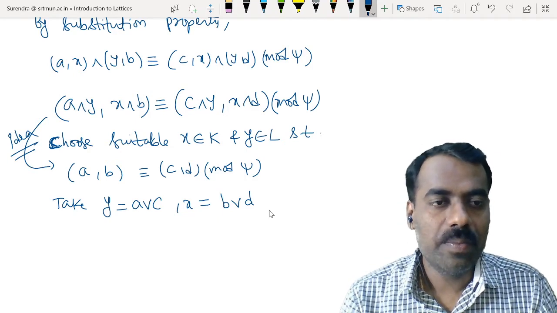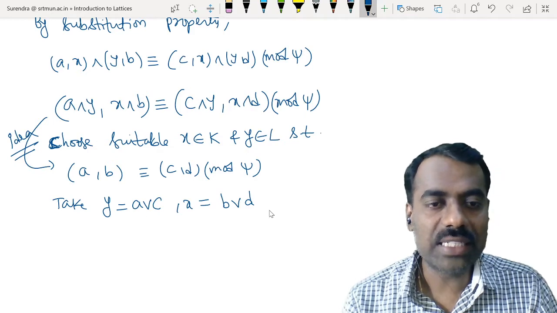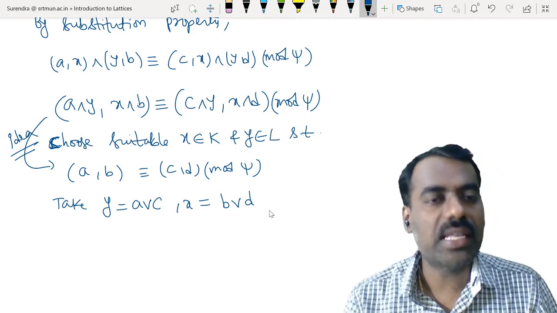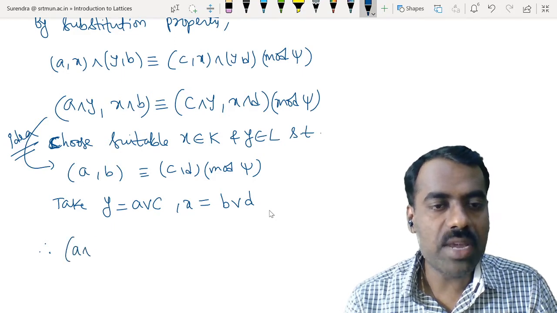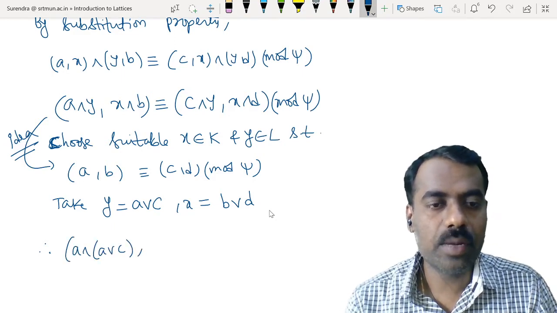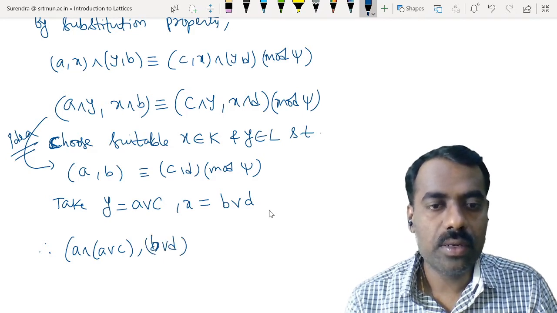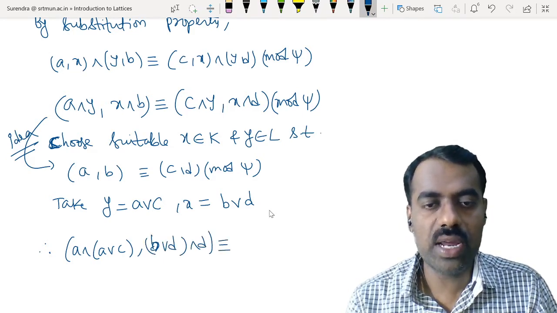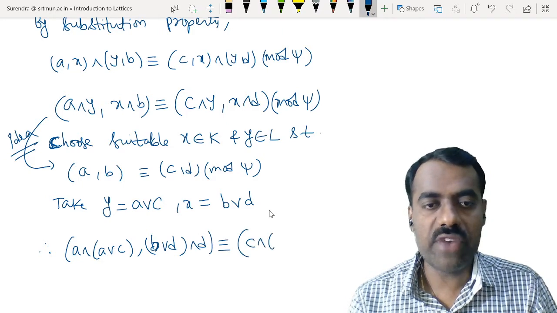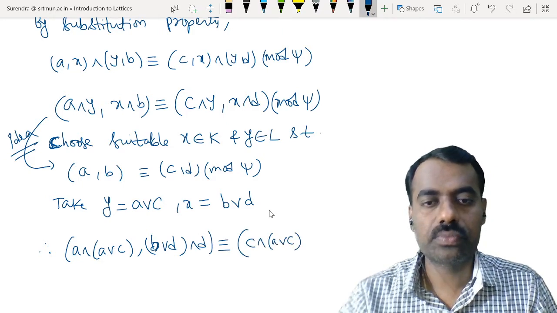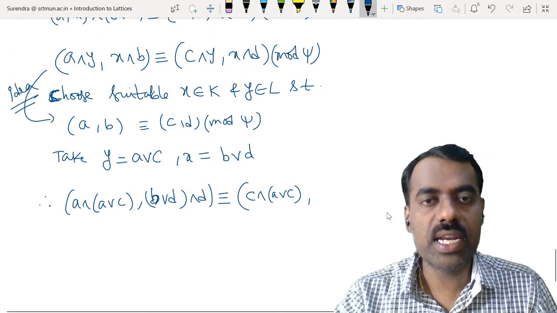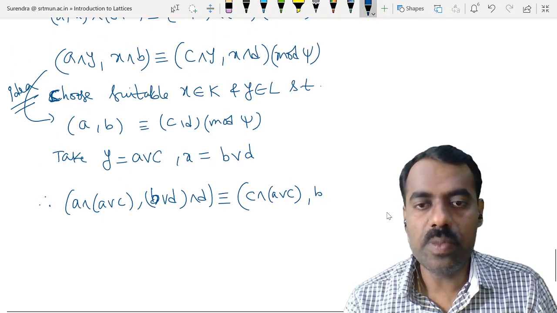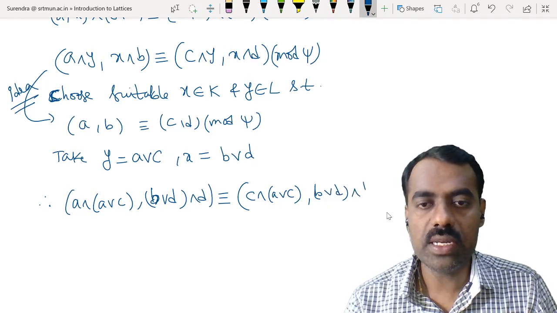But now because of this idea we will know what should be our y and what should be our x, right? So therefore, after substituting, we get (a meet (a join c), x, which is b join d meet d) congruent to (c meet y, which is a join c), comma, and what is our next coordinate, x, which is b join d meet d, modulo psi.